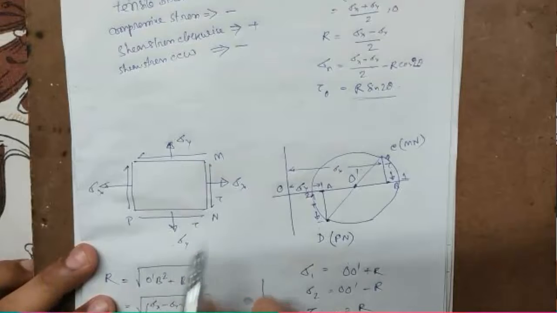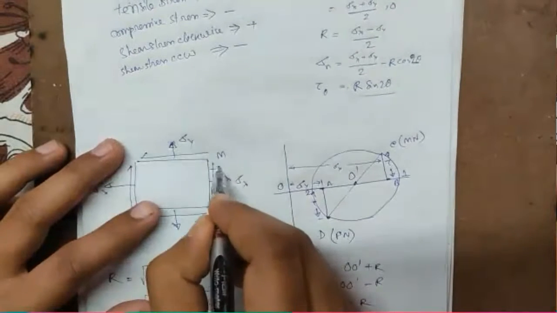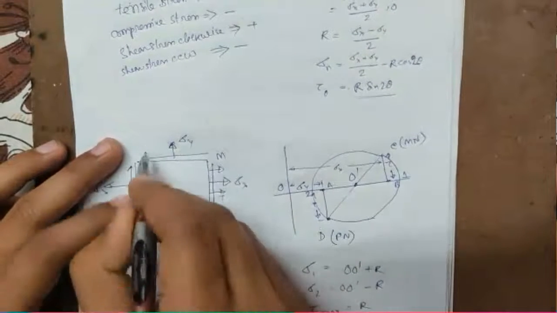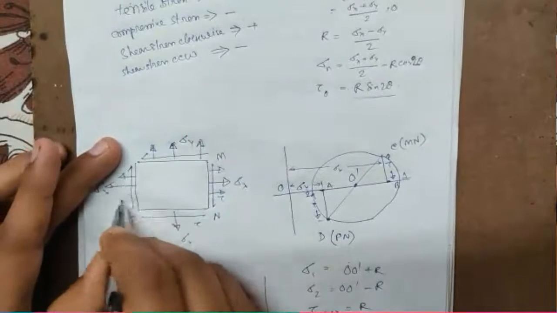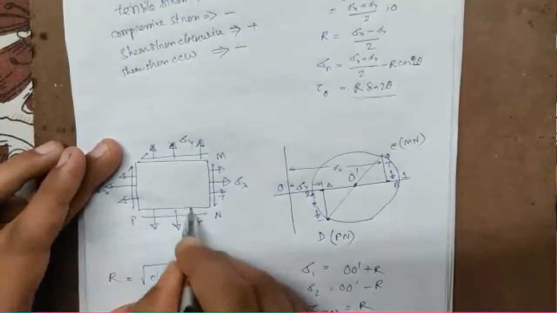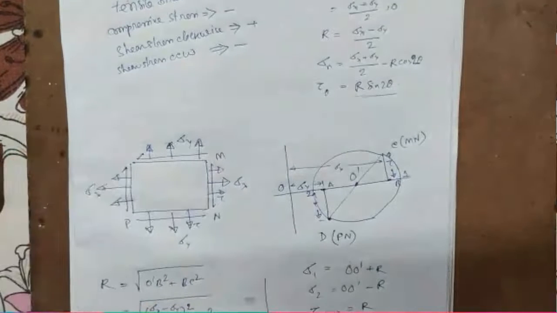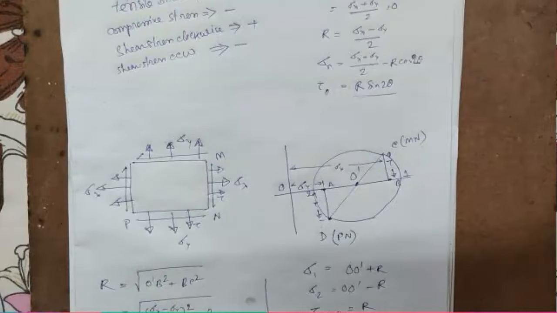These are stresses. Okay, these are not forces, these are stresses. Do not get confused. These are stresses. Along these normal stresses, there are shear stresses present. Look at plane MN, there is a clockwise shear stress present.